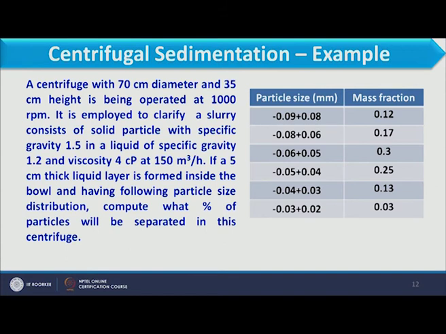So we can calculate the cut diameter of the particle, and we will see how many particles are available above this. All those percent of particles will be separated, and particles which are smaller than the cut diameter should not be separated. So first of all we have to calculate the cut diameter.